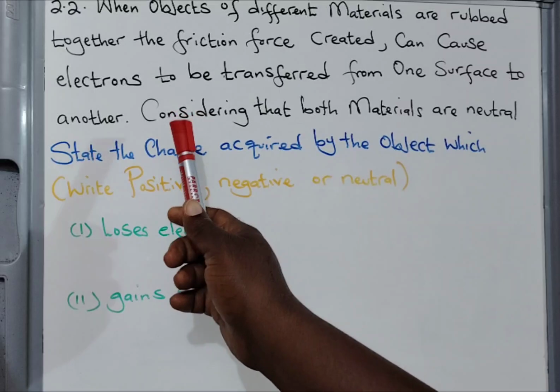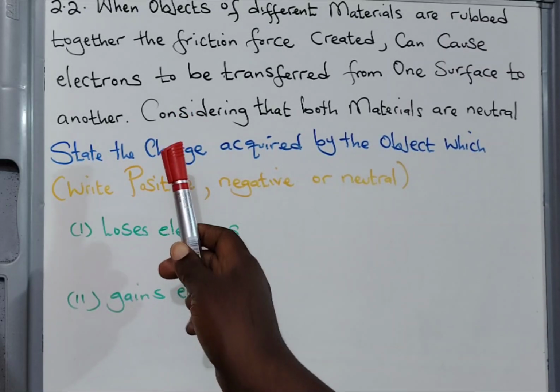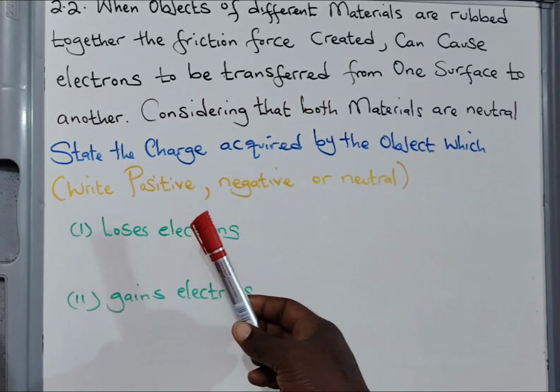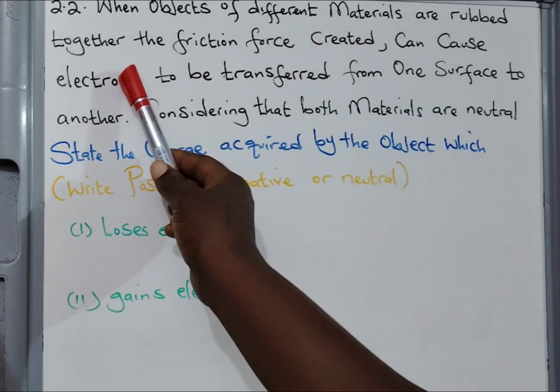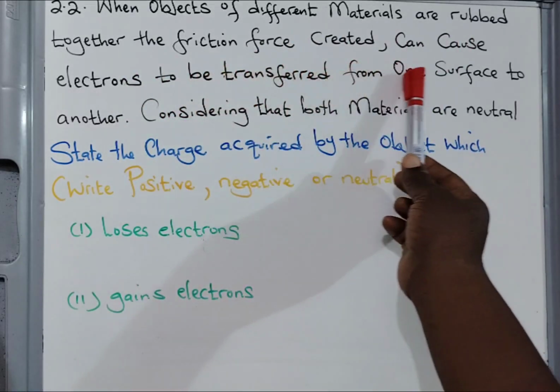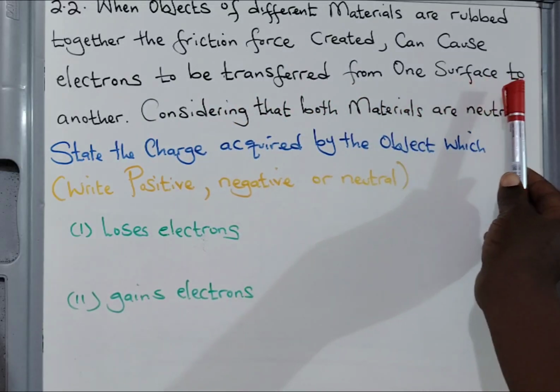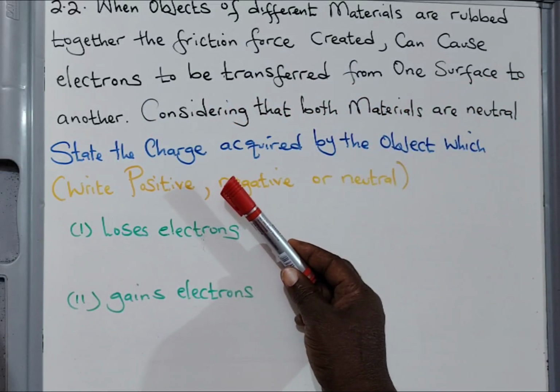Then we come to this one. It says that when objects of different materials are rubbed together, the friction force created can cause electrons to be transferred from one surface to another.